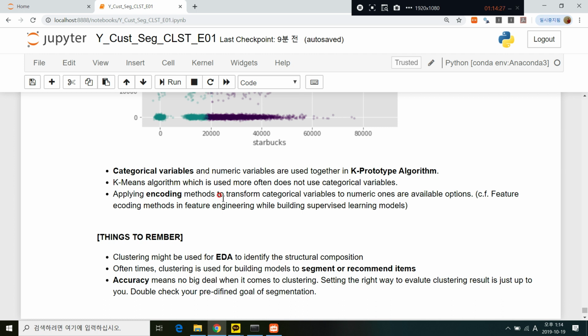Applying encoding methods, you can avoid the limitations, but it's just not automatic. Feature encoding, take a look at some other things in supervised learning models. There are lots of materials describing feature encoding methods, and you can apply them here to convert categorical variables to numeric variables.